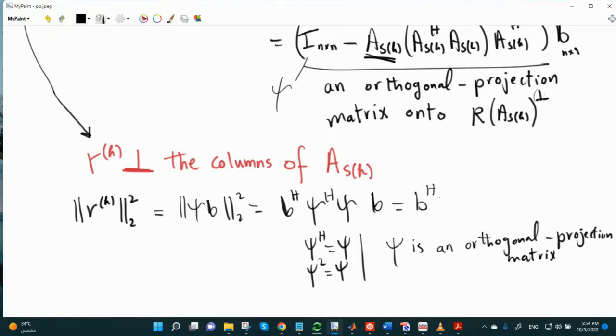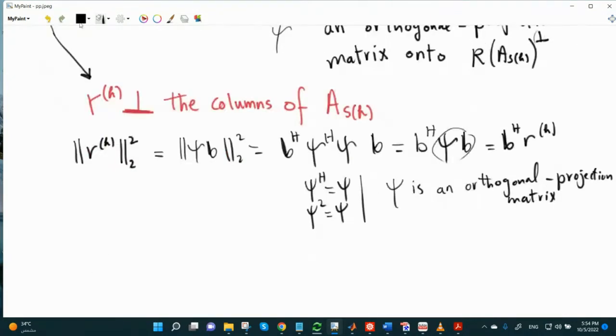So this is b Hermitian psi b, and this thing itself is b Hermitian r of k. Okay, so the general rule is that the L2 norm squared of the residual vector is b Hermitian times r of k. So it's the inner product of the residual vector itself and vector b.